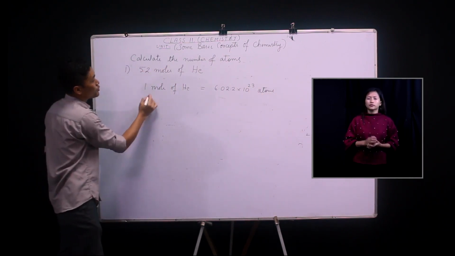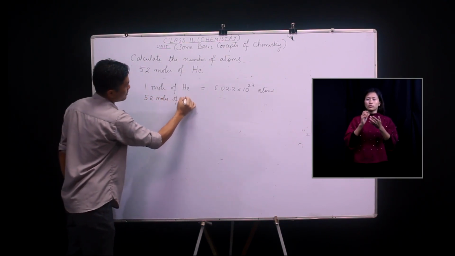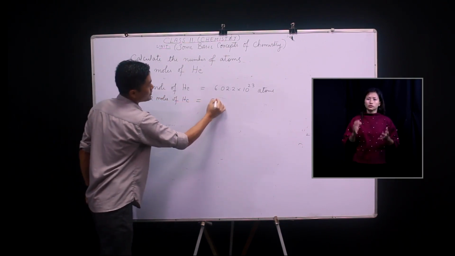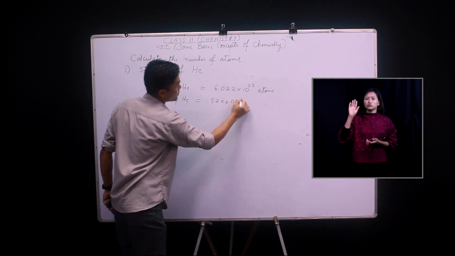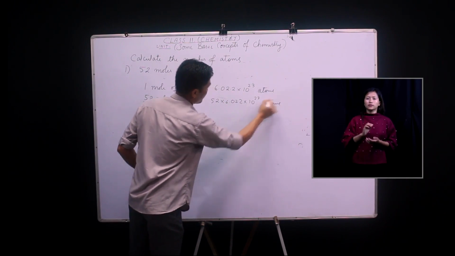Therefore, 52 moles will contain 52 into 6.022 into 10 to the power 23 helium atoms.